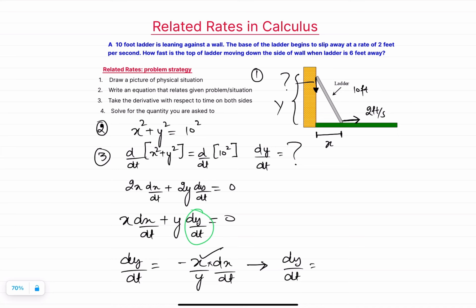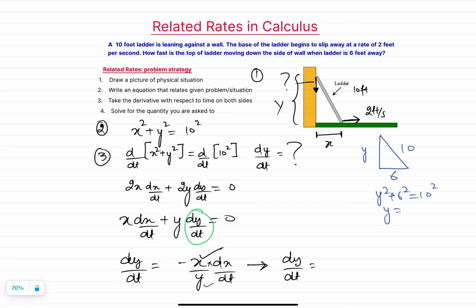And we have to find y, but we can easily find y. How? Using the right angle triangle. x is 6, y, and this is 10. We will use the Pythagorean theorem, that is y square plus 6 square is equal to 10 square.